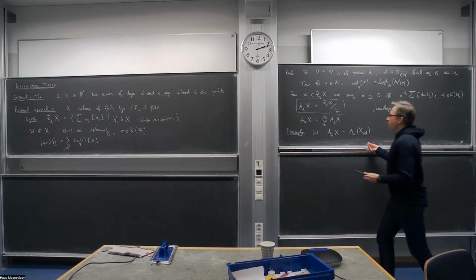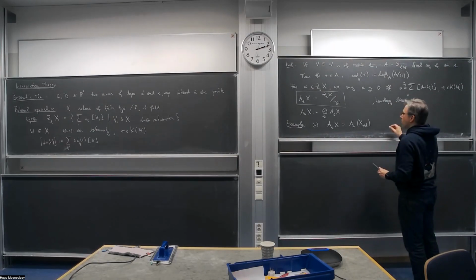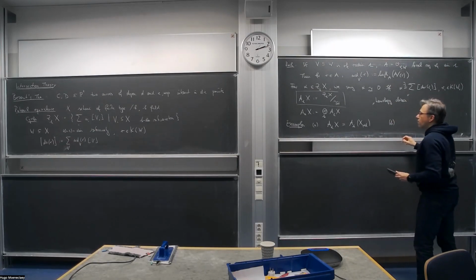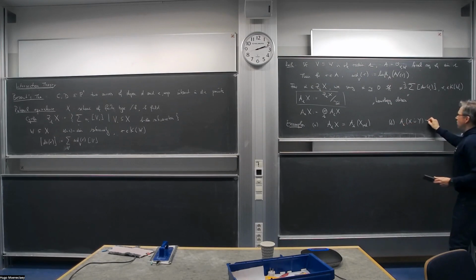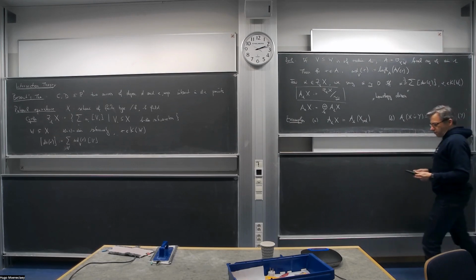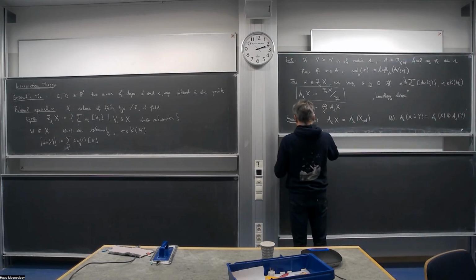Then maybe also simple: A K of a disjoint union X and Y is A K of X plus A K of Y. This is what we would like to have formally. And one can also define a kind of short exact sequence, or a Mayer-Vietoris type sequence.